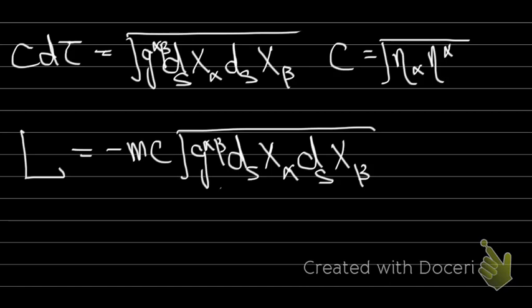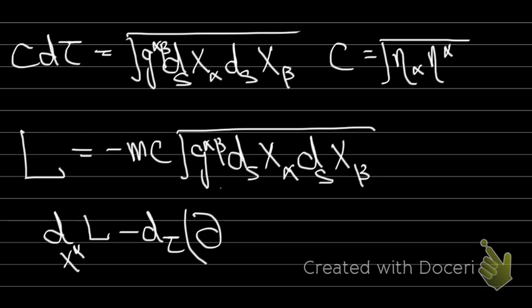So I hope you're following. And now we know the Euler-Lagrange equation would be the derivative with respect to x alpha of our Lagrangian minus the proper time derivative of the partial derivative with respect to the derivative with respect to s of our x alpha of the Lagrangian, right?